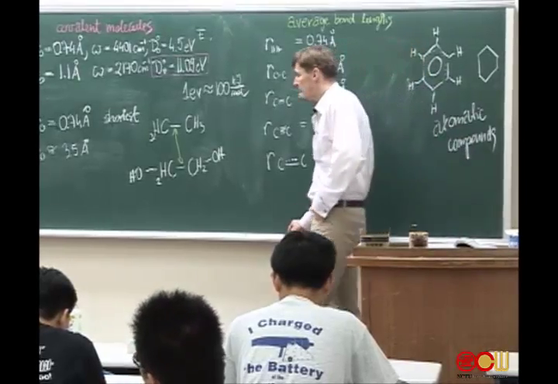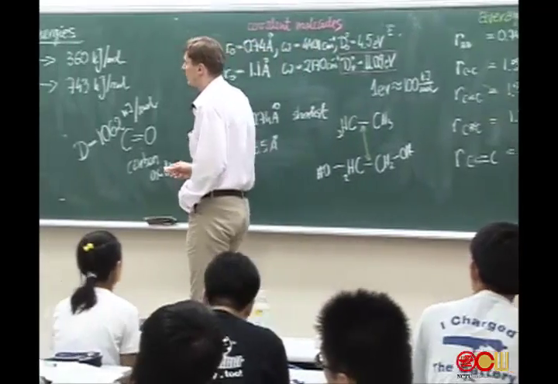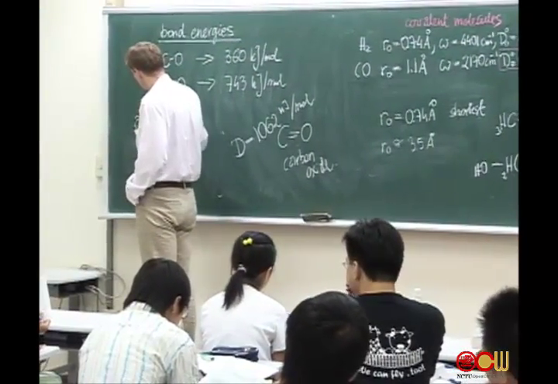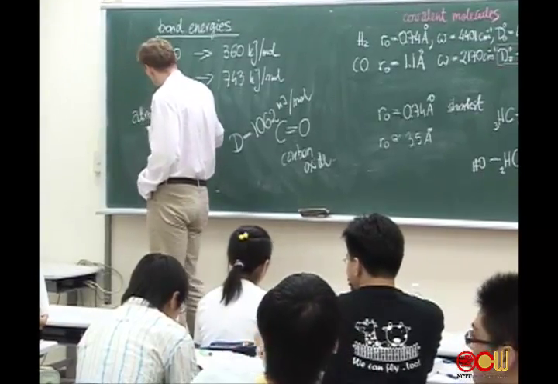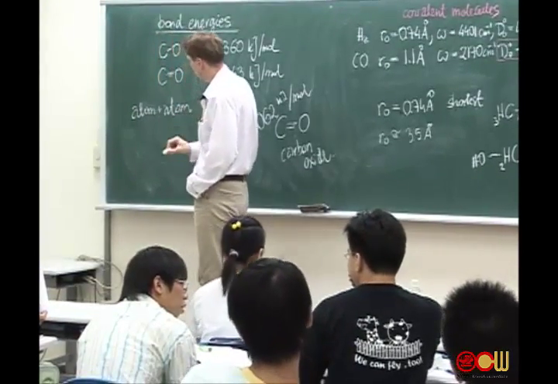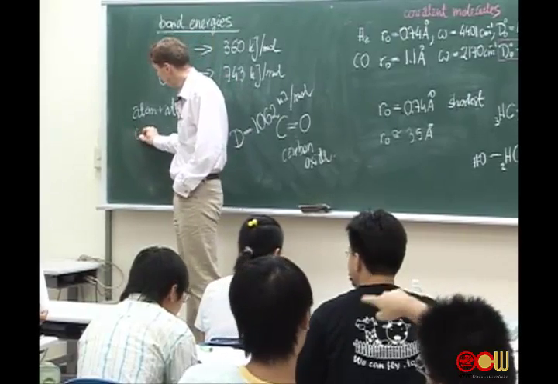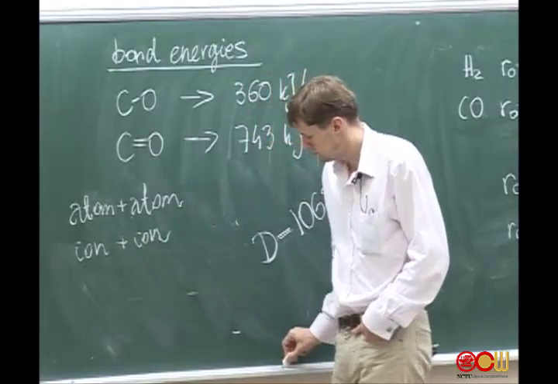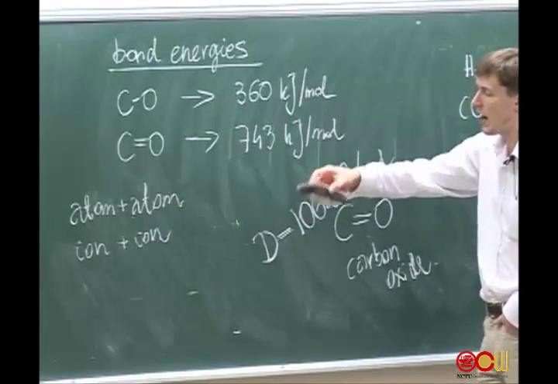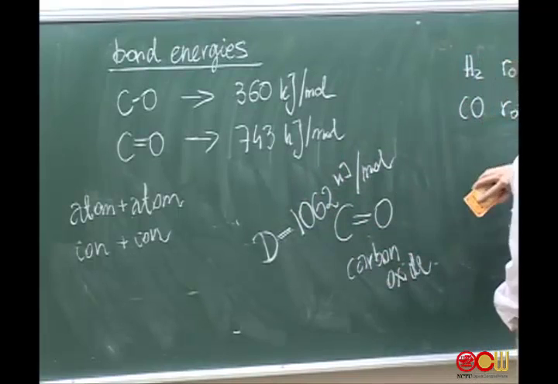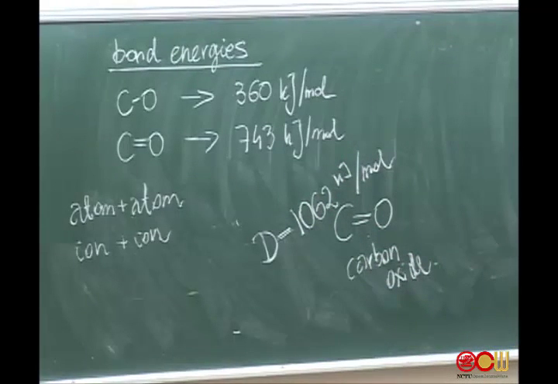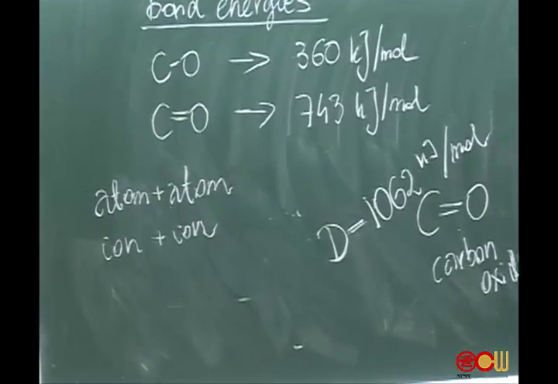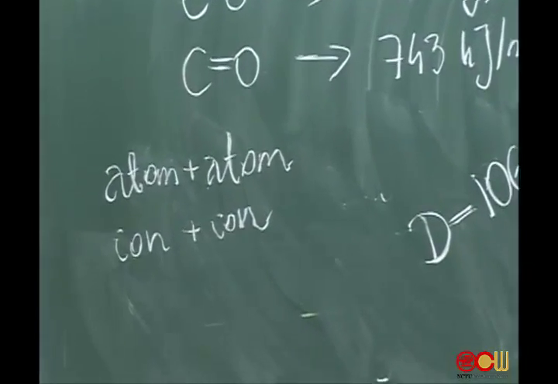Good. So far we have discussed how atom and atom react. Now we should also discuss how ion plus ion react. An interesting case would also be ion plus atom, but this is kind of the same family. So let's make some space. And now let's write the possibilities.